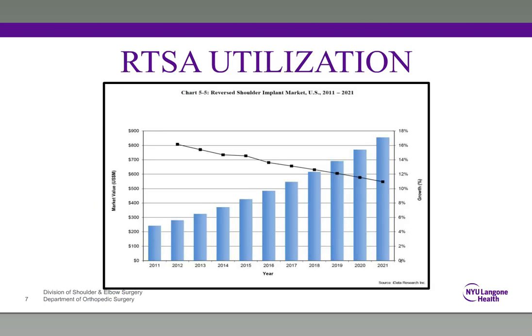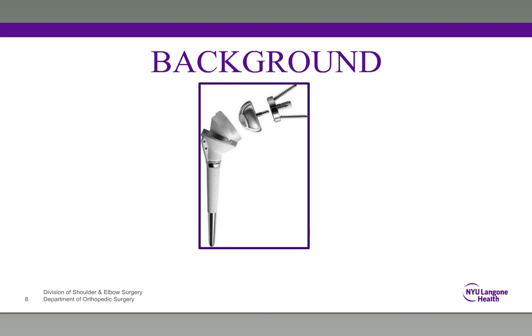Since then, the reverse has essentially driven the market for total shoulder arthroplasty, certainly in the United States and most likely around the world. As you can see here, the graph clearly illustrates that the overall usage of total shoulder arthroplasty has increased dramatically, the majority of which was due to the utilization of the reverse shoulder replacement.